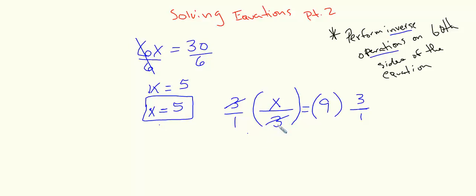So we're left with x divided by 1 is equal to 27 over 1. And x divided by 1 is x. 27 divided by 1 is 27. So the value of x is 27.